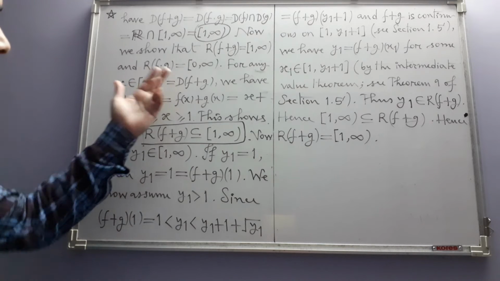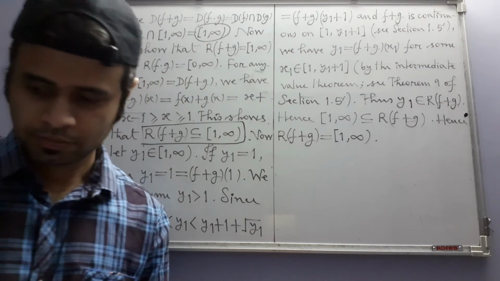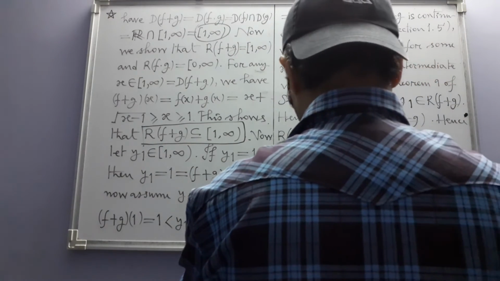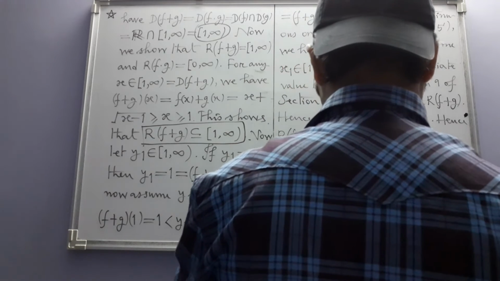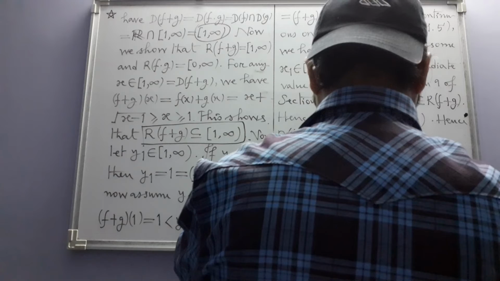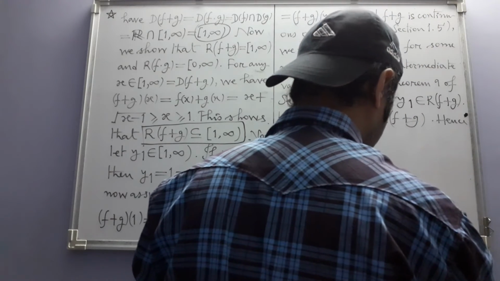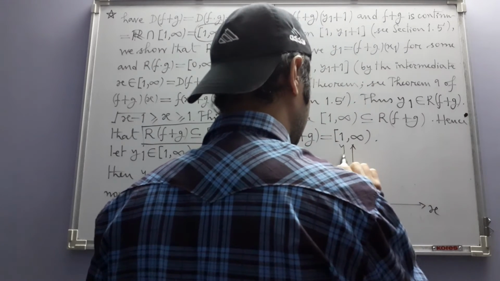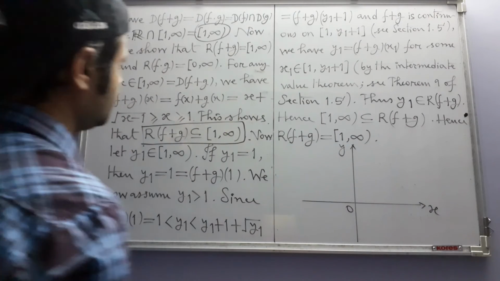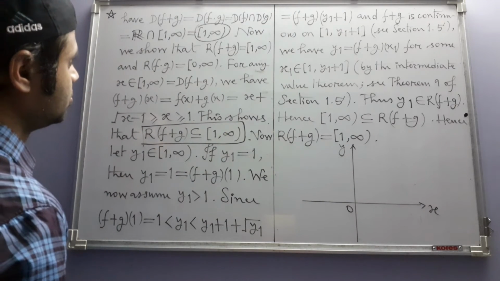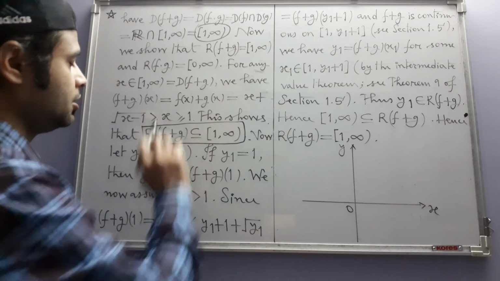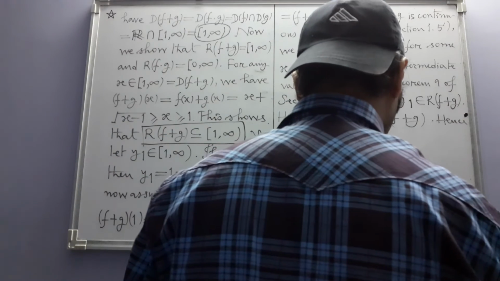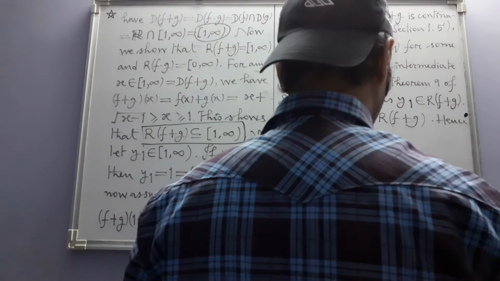But for the range of this, you proceed like this. You draw the graph of the function. And domain still continues to be 1 comma infinity, but in this case, if you draw the graph, you will see that the graph looks like this.